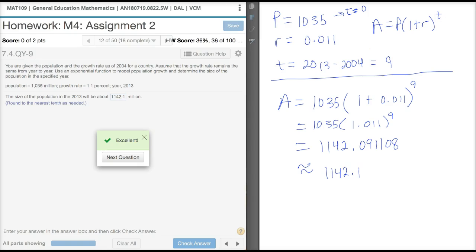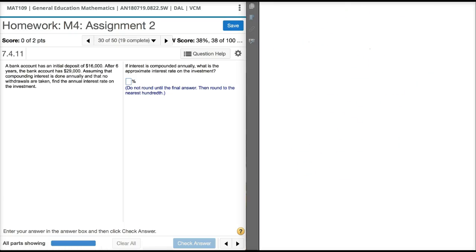The next thing that we'll do is move on to number 30. For our next question, it says a bank account has an initial deposit of $16,000. Initial means P, so that's going to be $16,000.